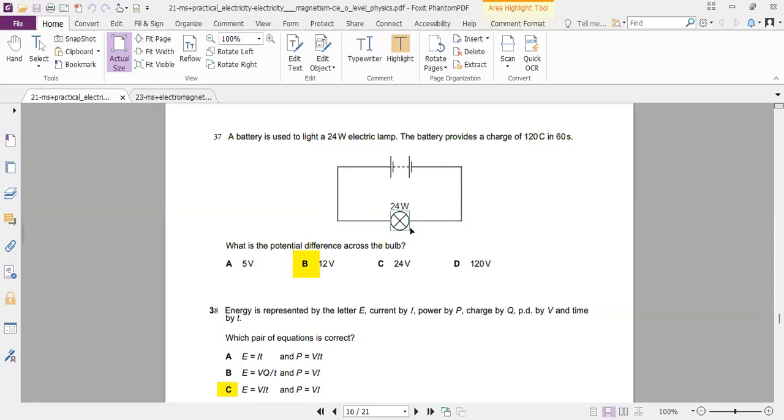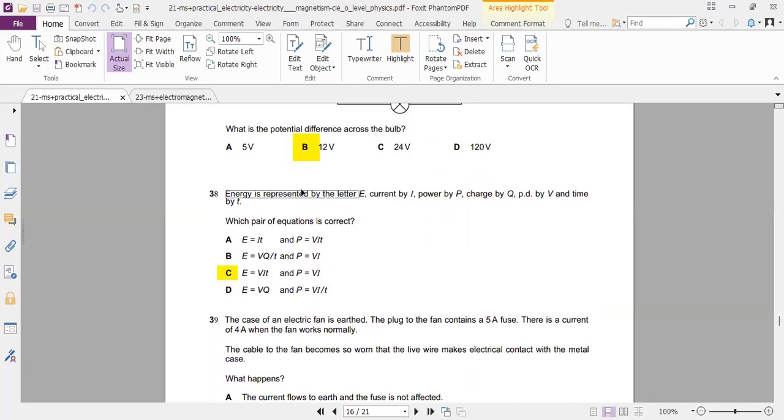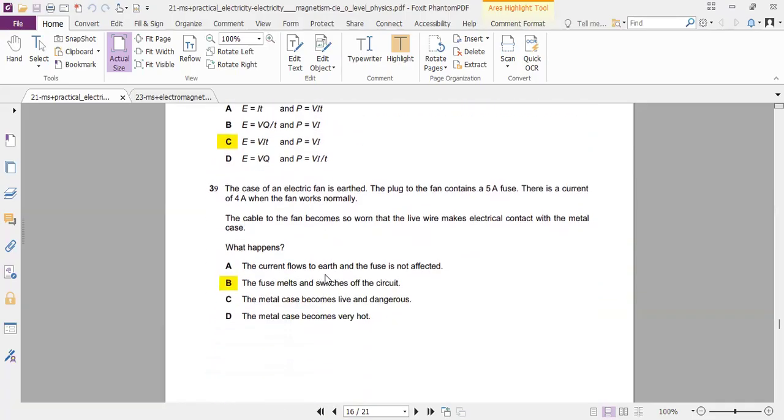This question is a repeat. Which pair of equations? Well, E is equal to VIt, we know that for sure, and P is equal to VI. We have done this before.